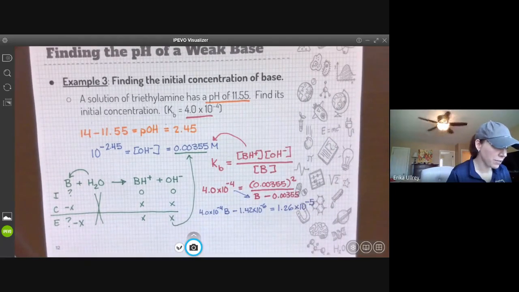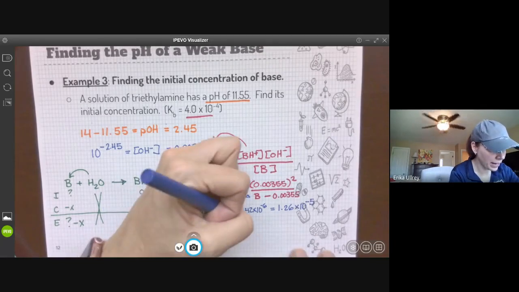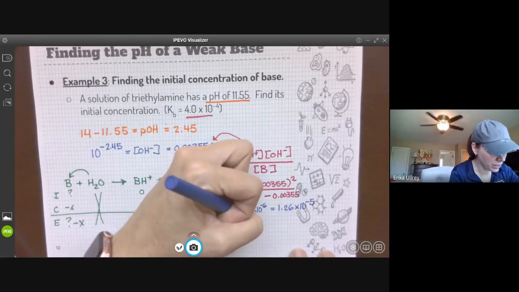So now we have to rearrange. I'm going to add this value to both sides.